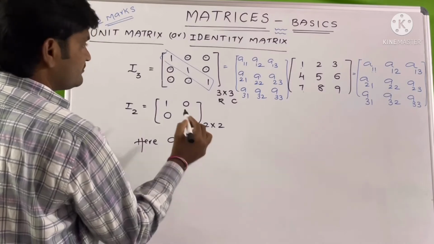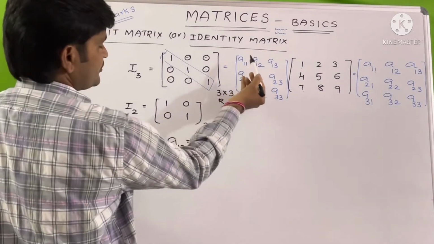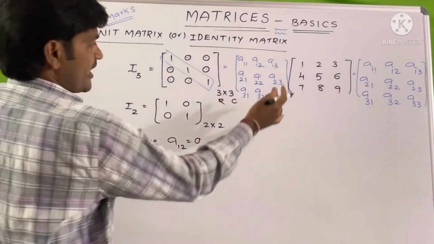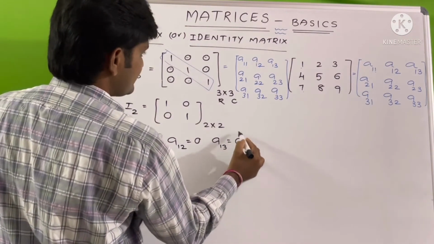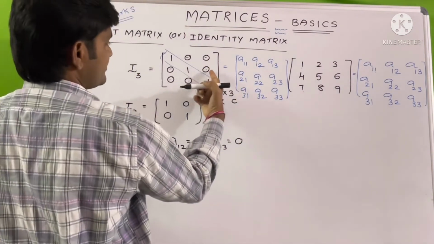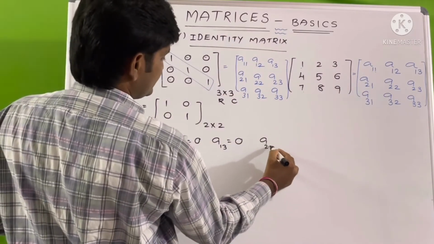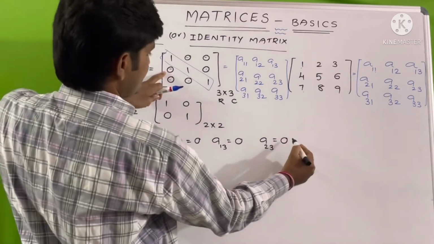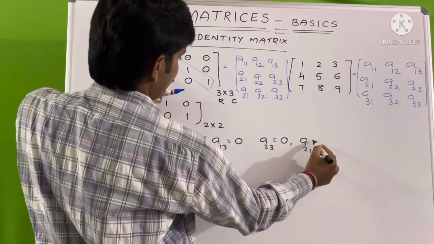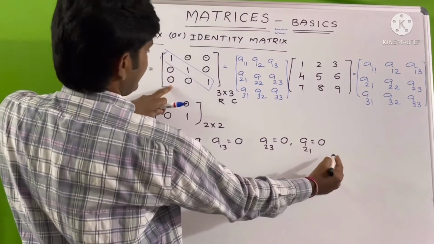A12 is 0. A12 place element is 0. A13 is 0. A23 is 0. A21 equal to 0.